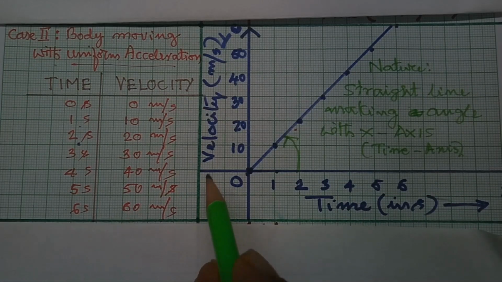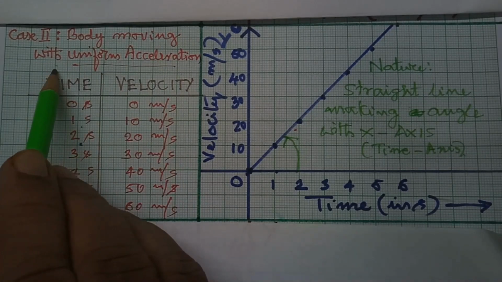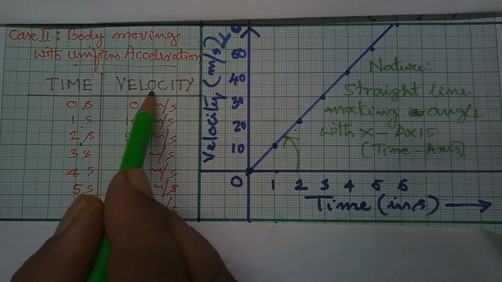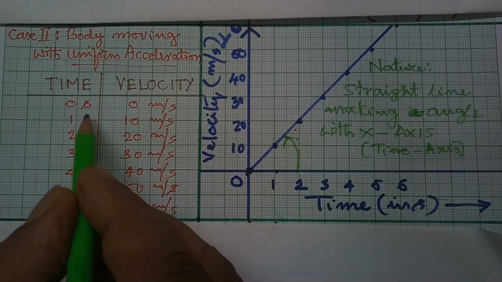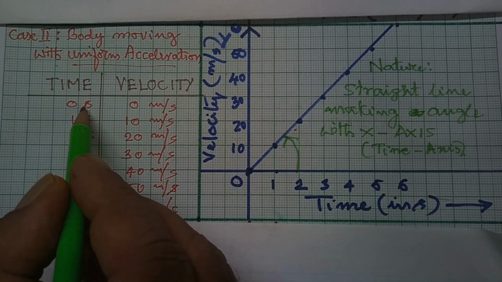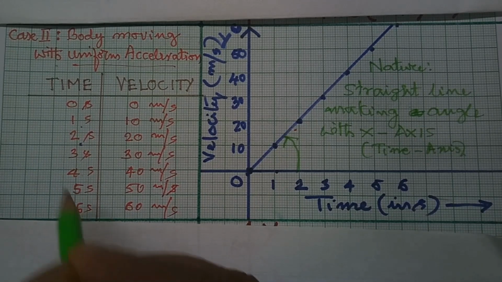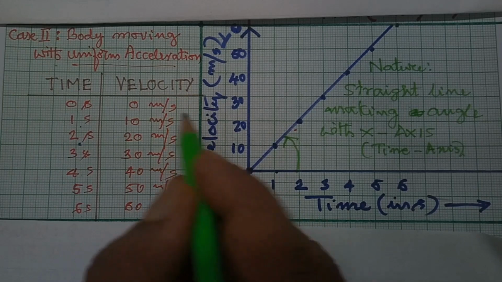Now, this is the second case, that is body moving with uniform acceleration. As usual, I am taking the velocity time table because it is the velocity time graph. Time I am taking in equal intervals, 0 second, 1 second, 2 second, 3 second, 4 second, 5 second, 6 second, gap is same, and velocity here is increasing.